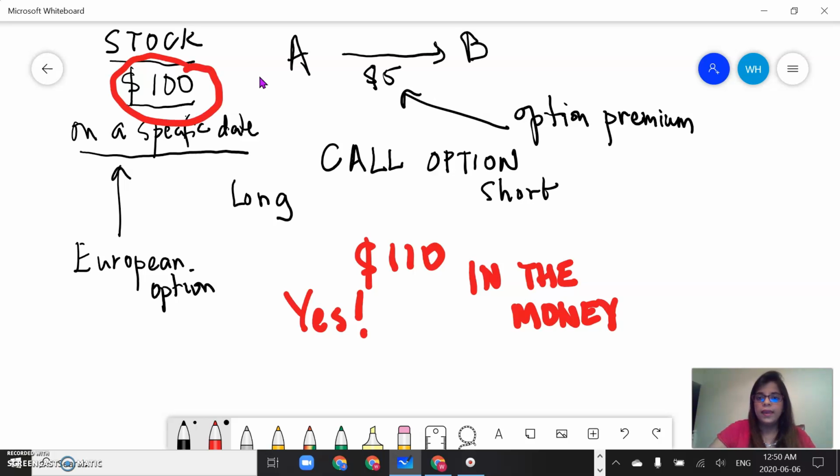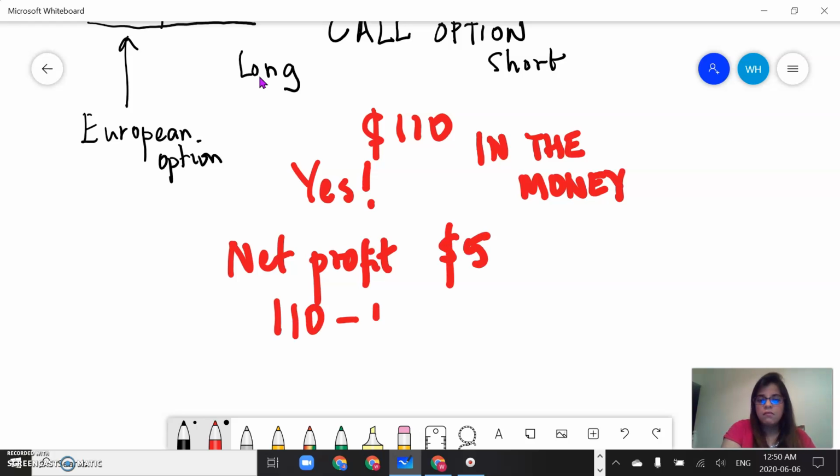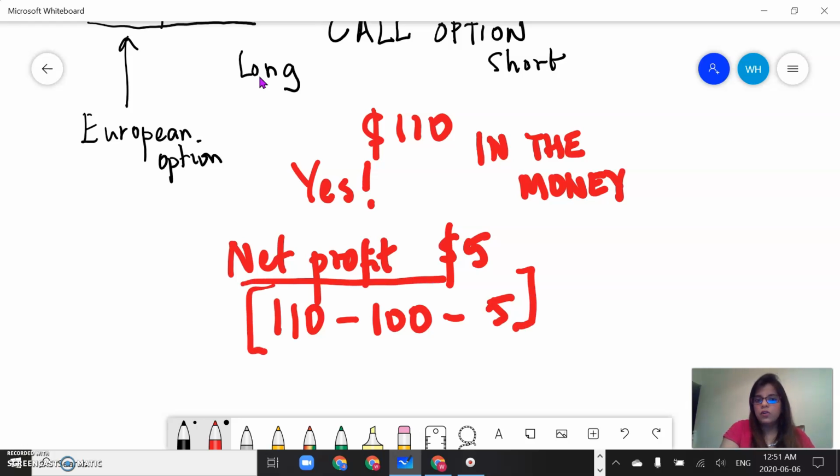He can then go ahead and sell it in the market at $110, giving him a net profit of $5. So 110 minus the $100 which he purchased the stock for, minus the $5 premium. So at this point of time, A gets a net profit of $5, and the option is in the money and has been exercised on the specific date.